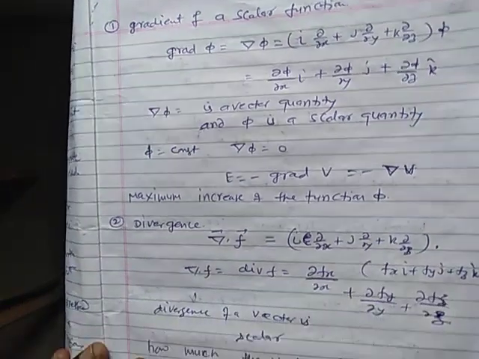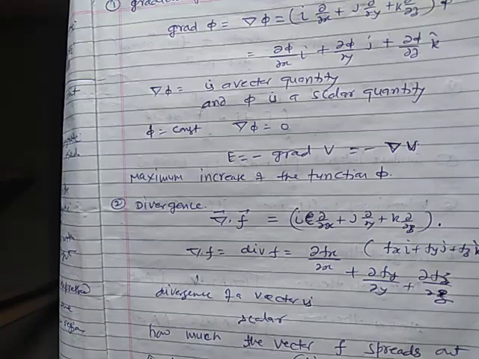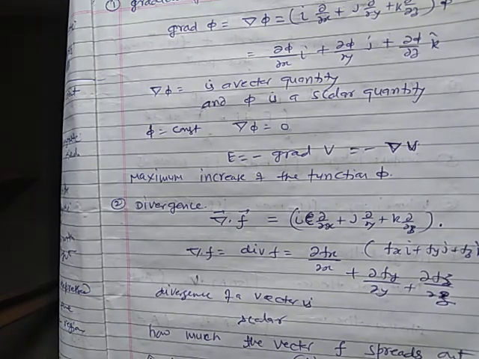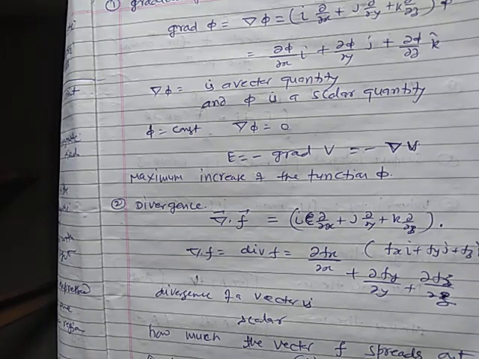Divergence is del dot f, a scalar product between two vector quantities. We write the del operator as i del upon del x plus j del upon del y plus k del upon del z, and make a dot that shows the scalar product with a function f equal to fx i plus fy j plus fz k.